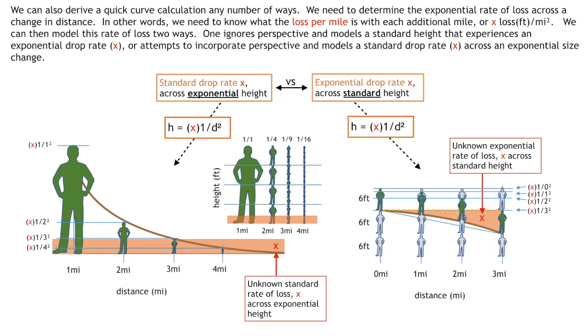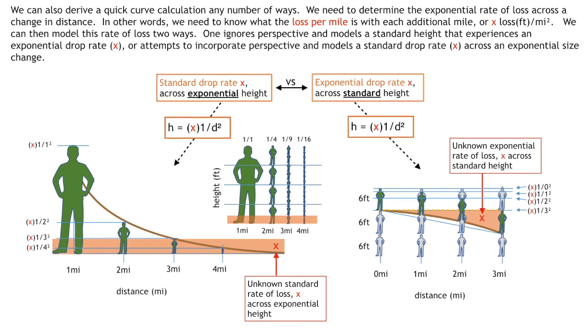So here we have our two possible ways to model this, but the same equation. You have a standard drop rate x across an exponential height change, which you could then place into perspective to view something getting smaller with distance and parts of it getting cut off with that distance. So height is equal to x, some unknown standard rate of loss, across 1 over the distance squared to give us our exponential height change.